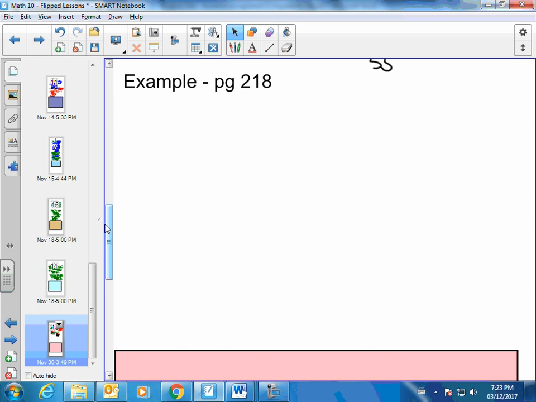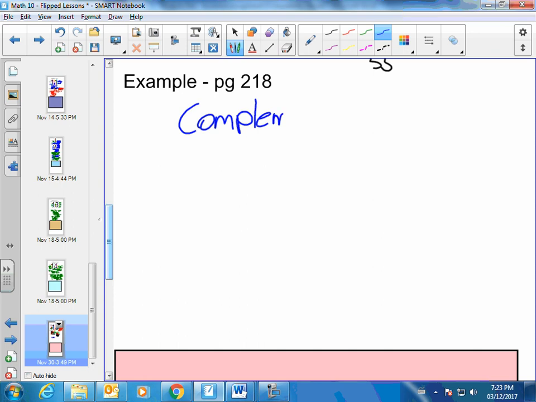where now we get away from guesstimating and they're actually looking at doing a little bit of quick math. So they're looking at complements and supplements.